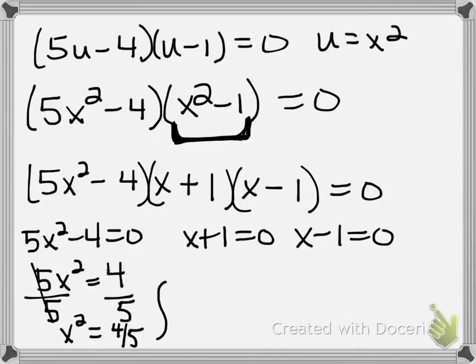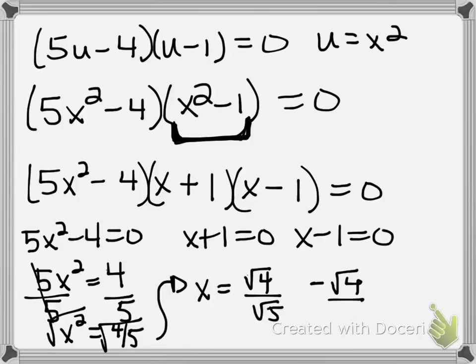Then you need to take the square root of both sides. So I get x equals positive square root of 4 over square root of 5 and negative square root of 4 over square root of 5. So I'm going to need to simplify that.